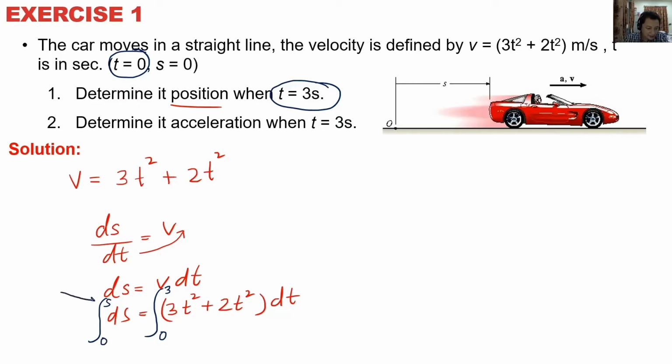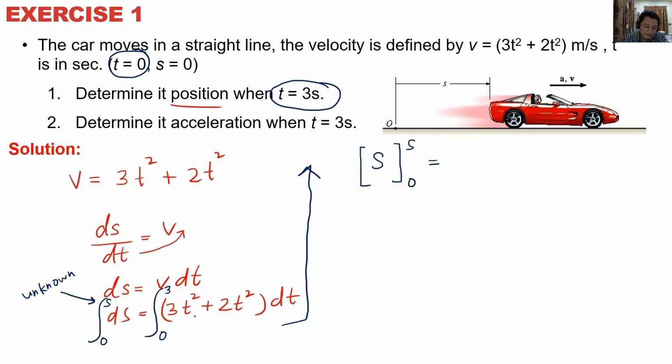So when you do integration, there has to be one unknown. This is the thing that you are trying to find out, which is S. So let's proceed doing the integration. Integrate ds, you're going to get S, and you are going to evaluate it from 0 until S. Integrate ds, you get S.